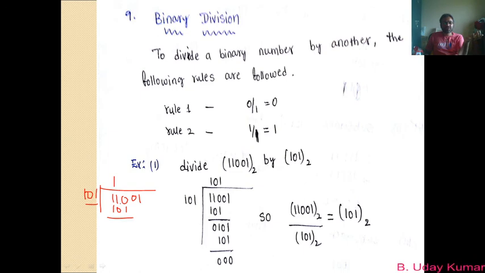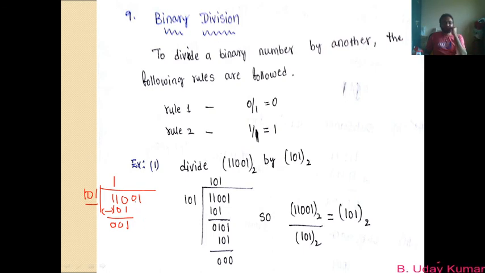Now this subtraction part also comes. So 110 minus 101 becomes how much? 0 minus 1 is 1, by borrowing 1 from the higher order column, so that means it becomes 0, and this also becomes 0. So this is what you get. What is our next step?